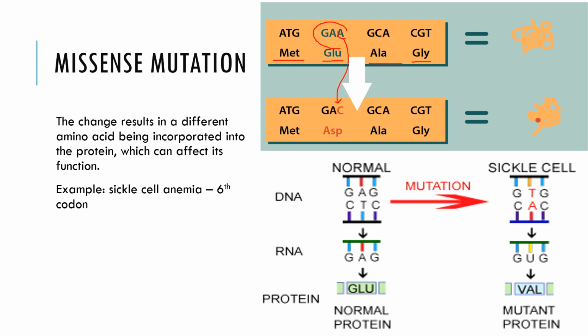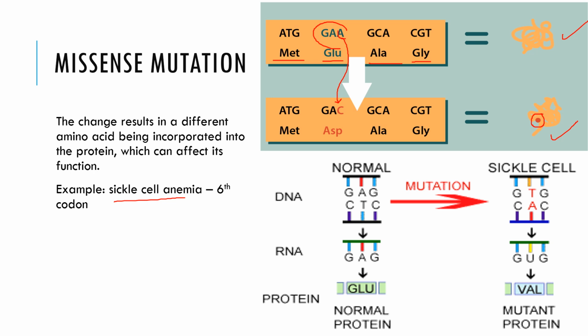Just because of a change in one nucleotide, the whole amino acid gets changed. You can see here the protein structure was normal, but here you can see the abnormality or mutation in the DNA strand. Let's take the example of sickle cell anemia.